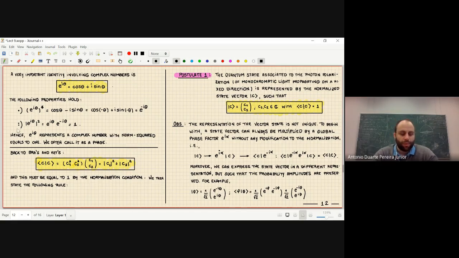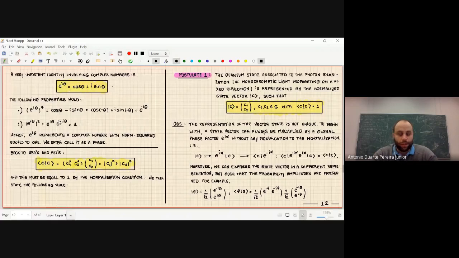And the second property is the following. If I want to compute the norm squared of e to the i theta, by definition, this is the number times its complex conjugate. So I repeat the number, e to the i theta, and multiply by its complex conjugate, which is e to the minus i theta. And using the properties of the exponential, this will be e to the 0, which is 1.